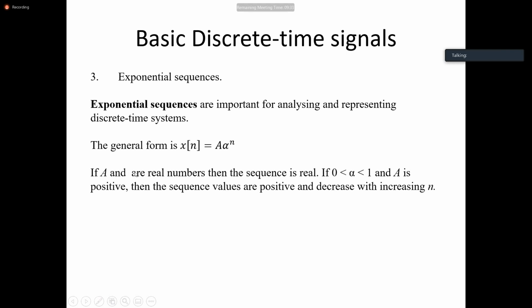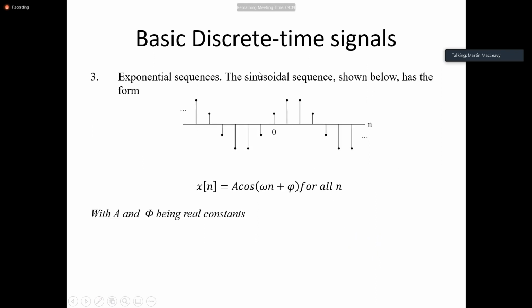If a and alpha are real numbers, then the sequence is real. If alpha is between 0 and 1 and a is positive, then the sequences are positive and decrease with increasing n like this. I won't say too much about them now.